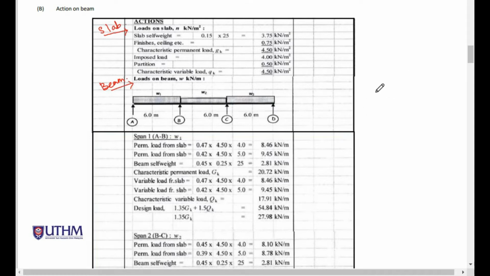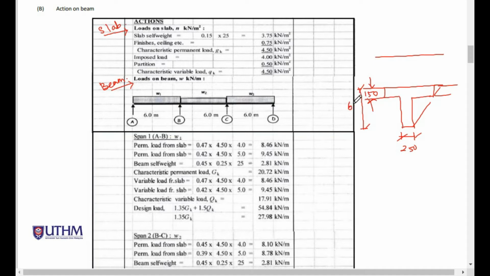For example, let's say this is the slab here, and under the slab is the T-beam. This is the thickness of the slab, 150, and the beam width here is 250. The total height of the beam is 600.